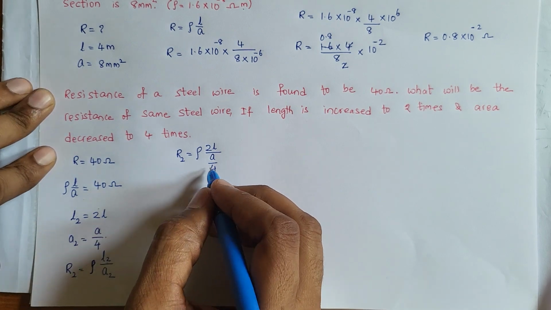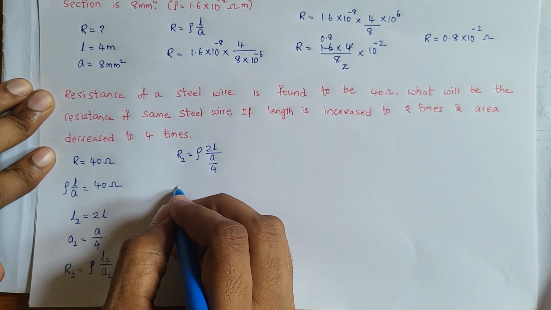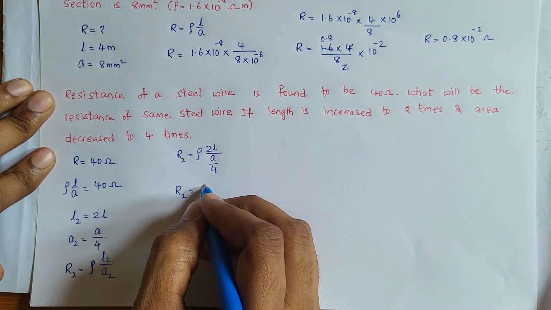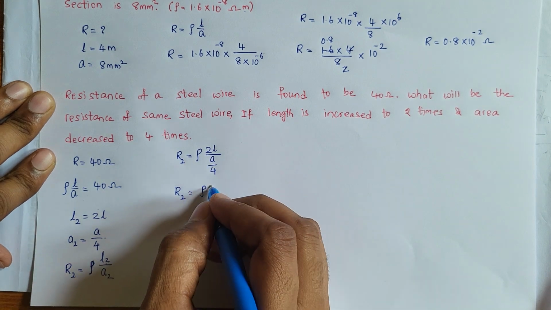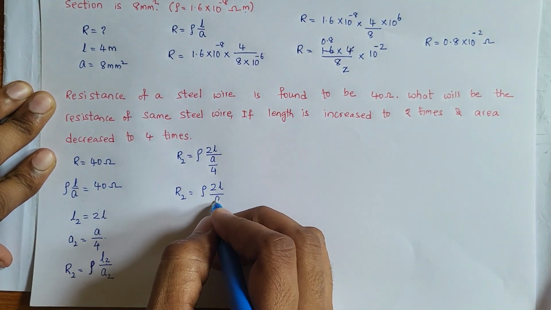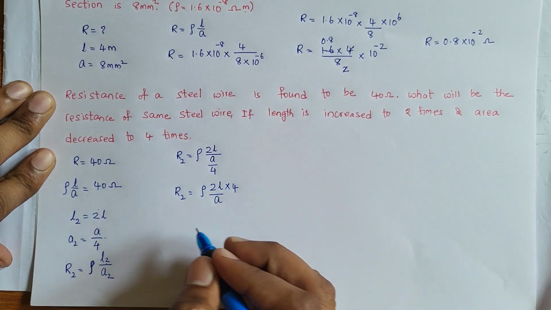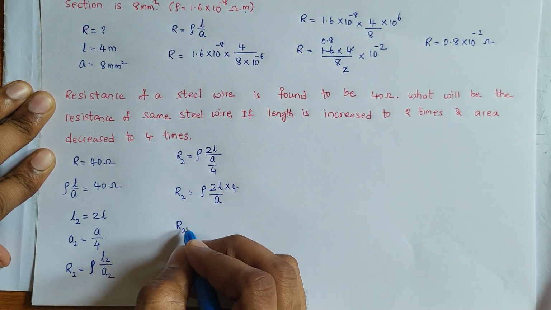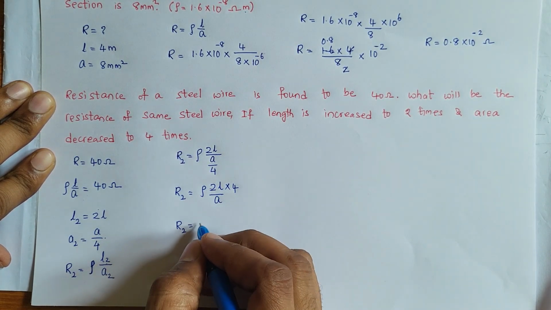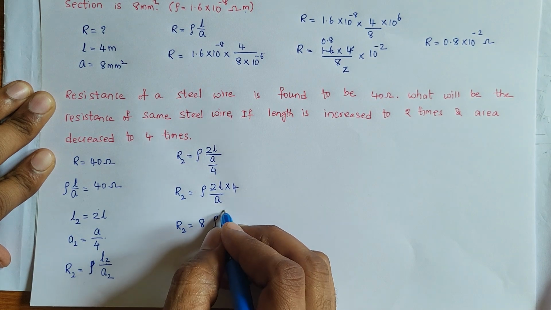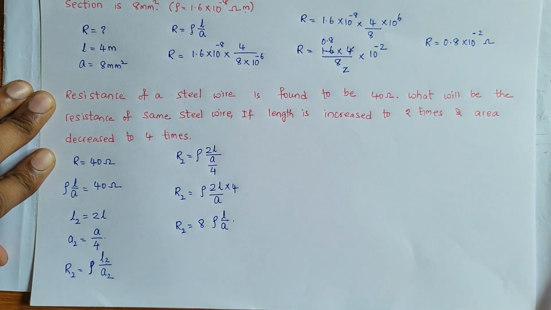So 4 will go up, it becomes R2 is equal to rho into 2L divided by A divided by 4, 4 goes up into 4. So we can write it as R2 is equal to 4 twos are 8, 8 into rho L divided by A.